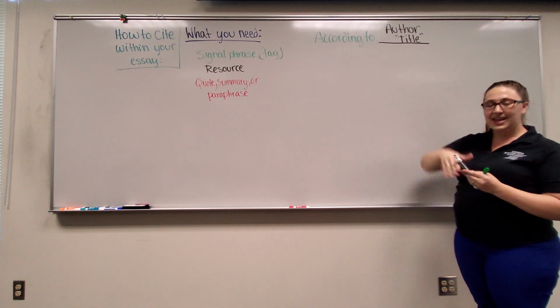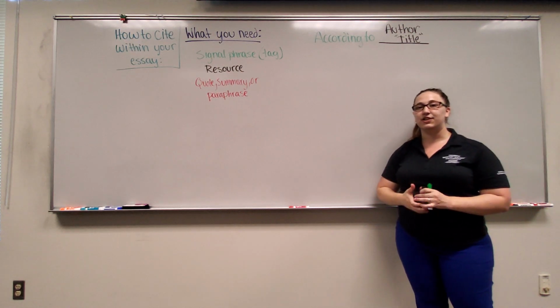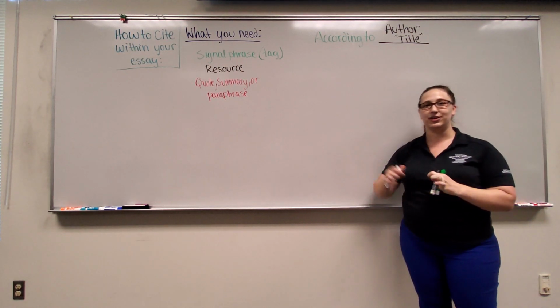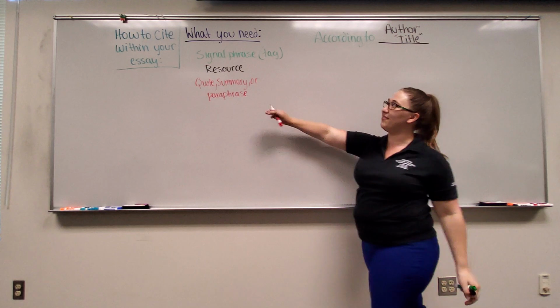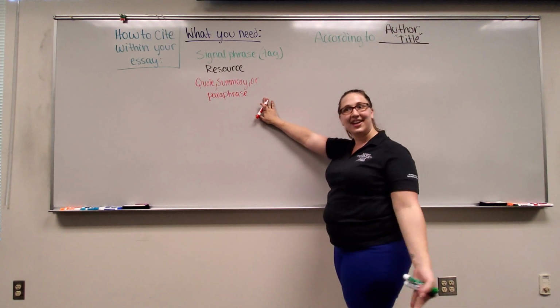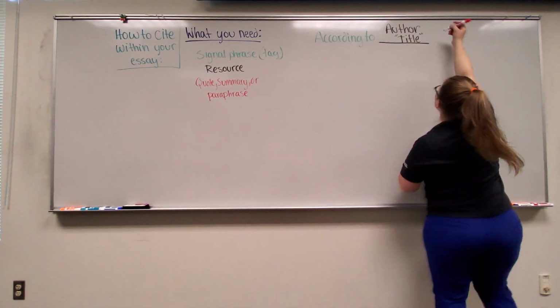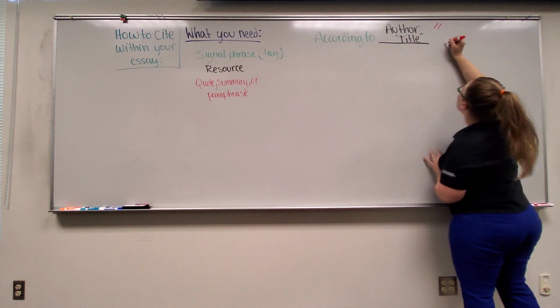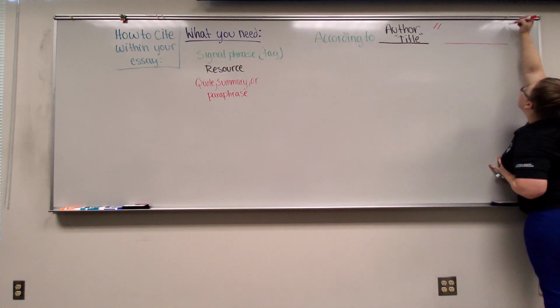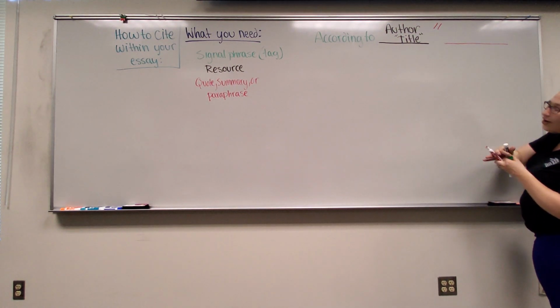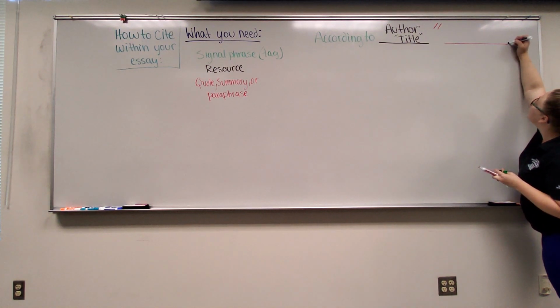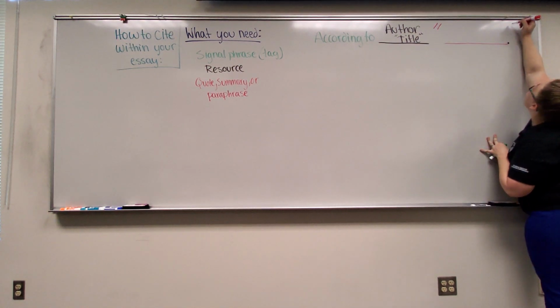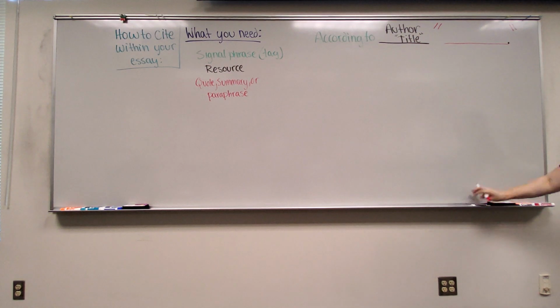Title, author. Now, after you have given us this signal phrase, after you have introduced your resource, well, now it's time to get to the very last thing you need, your quote. So you're going to open quote, provide said quote, and then, well, remembering our rules, you're going to put your punctuation inside and then close your quote.